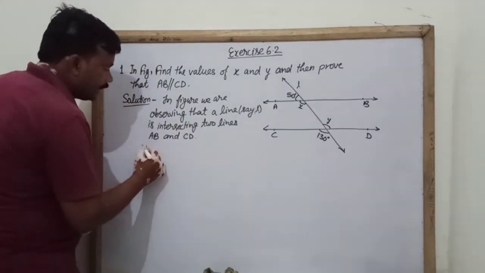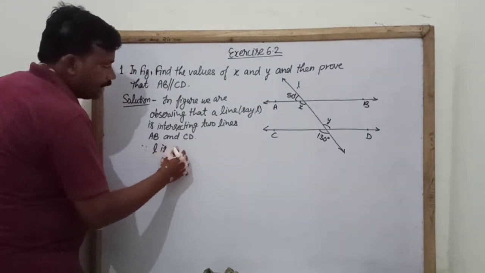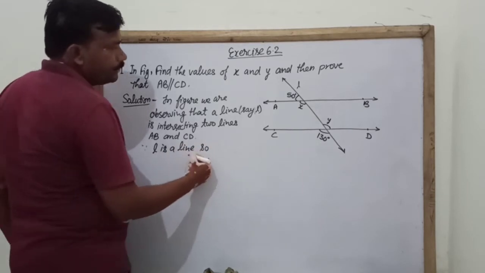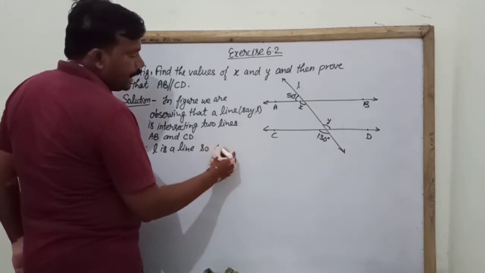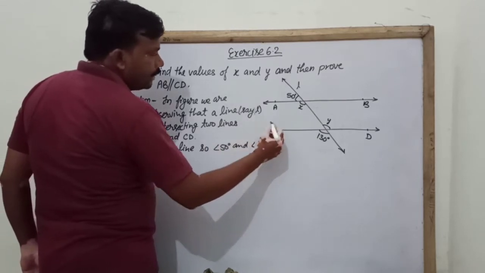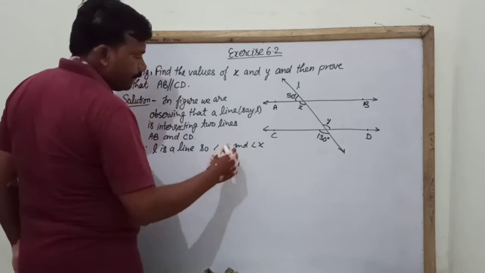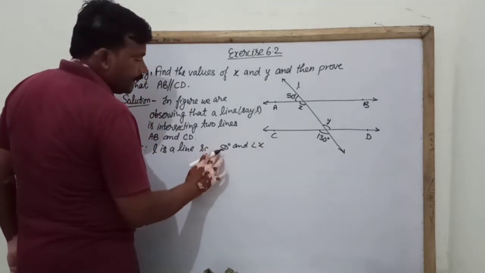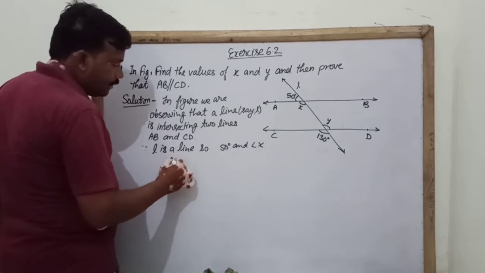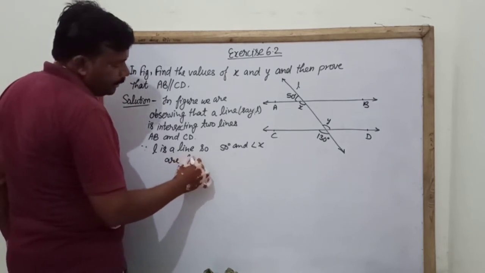We can write, since L is a line, so angle 50 degree and angle x are linear pair.